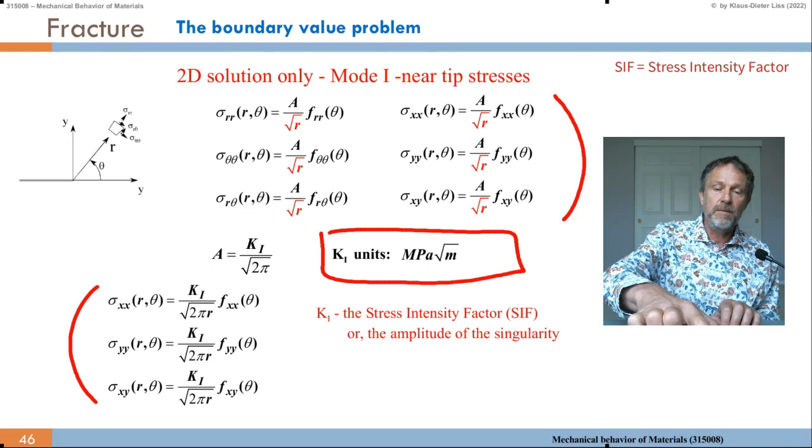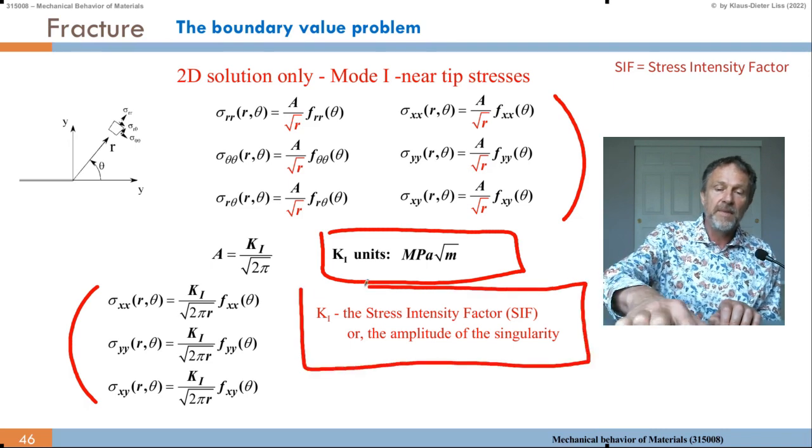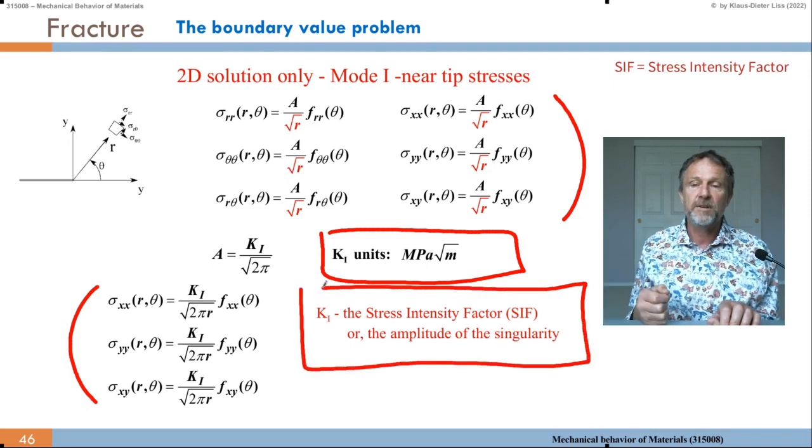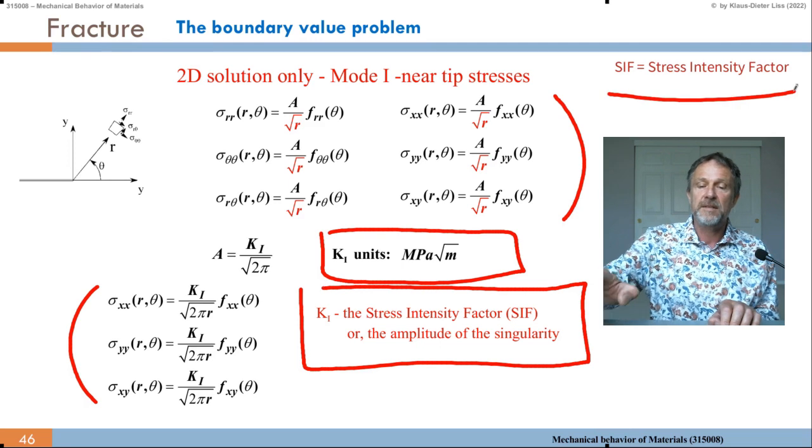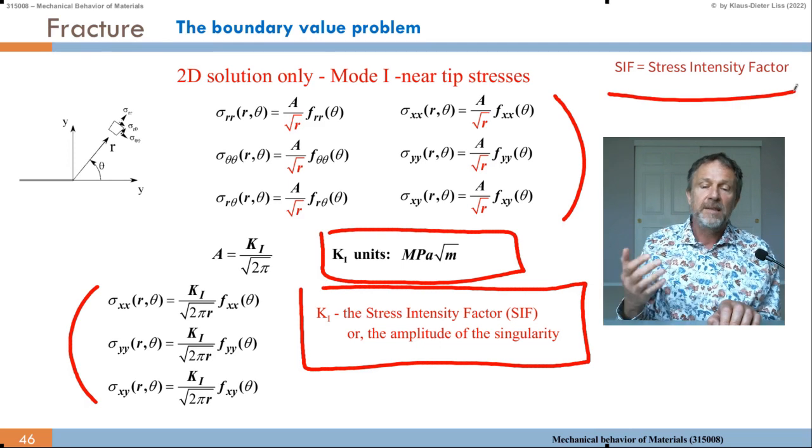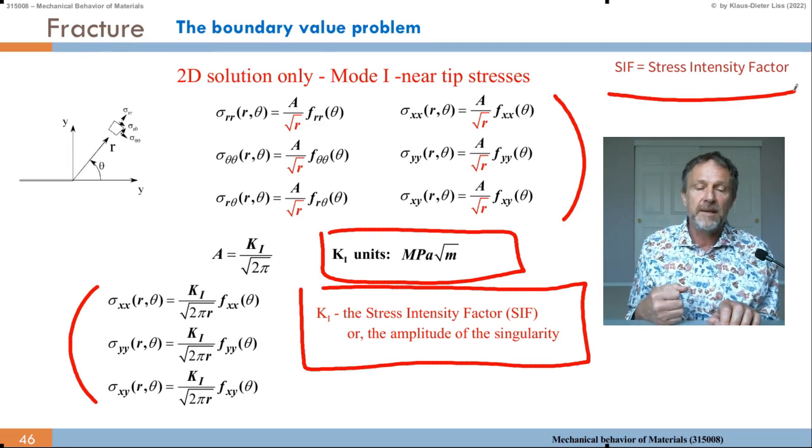And this K1 is defined as the stress intensity factor, SIF, or the amplitude of the singularity. We have the singularity 1 over square root r, and K1 is the amplitude of the singularity.